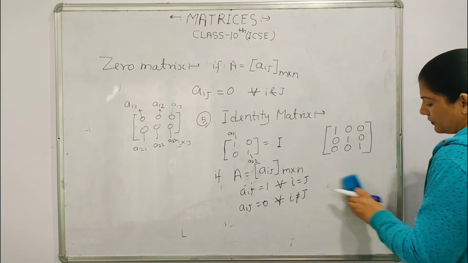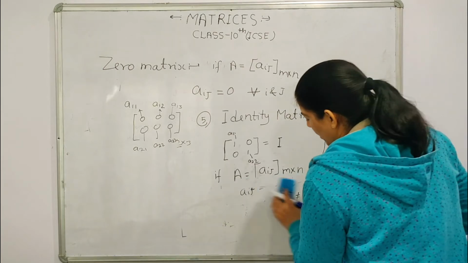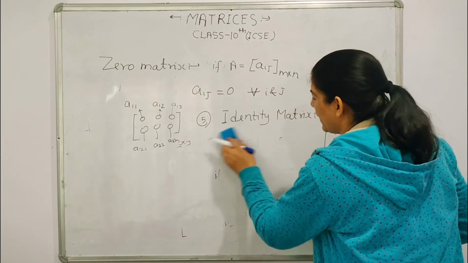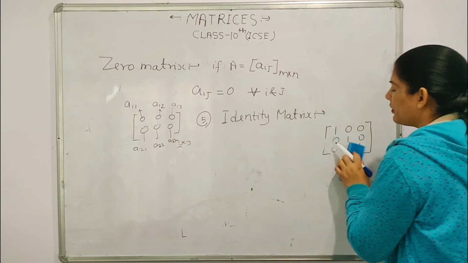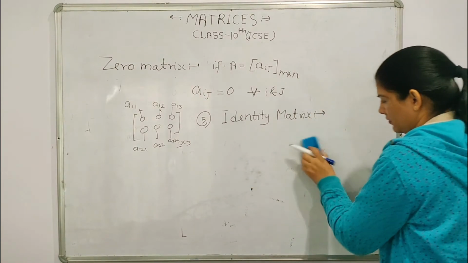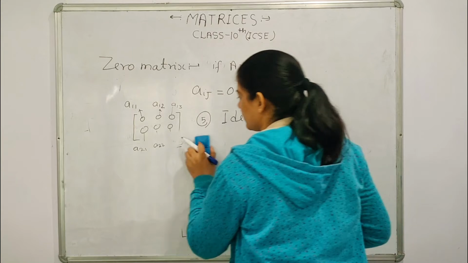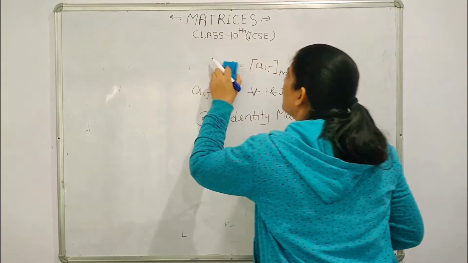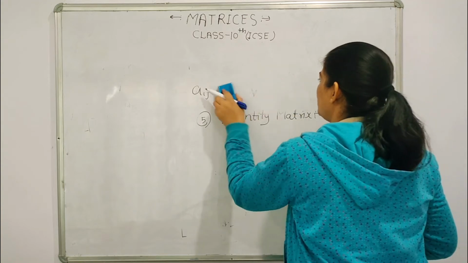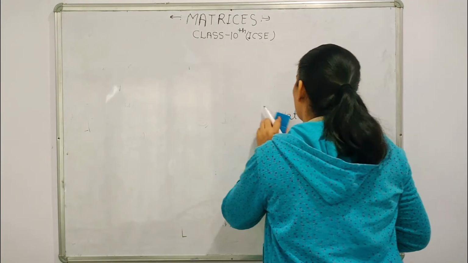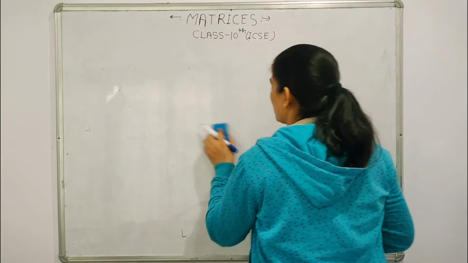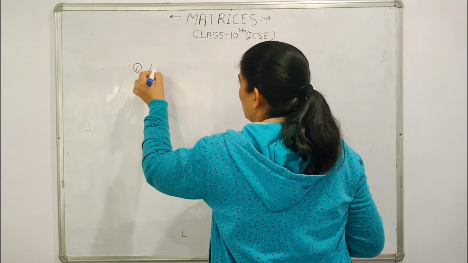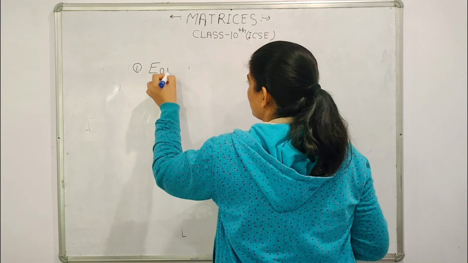After this, one thing is also left, I think, equivalent or equal matrix. So first is equal matrix.